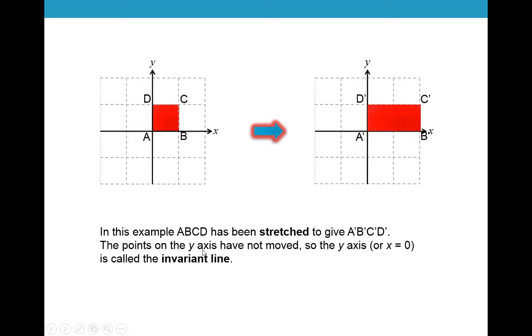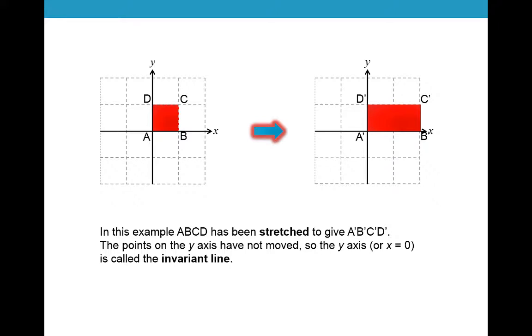The points on the y-axis have not moved. So the y-axis, or x equals 0, is called the invariant line. Okay, and we need to clear this up. Invariant line. What's the other format? A line of invariant points. A line of invariant points is where the points don't move.